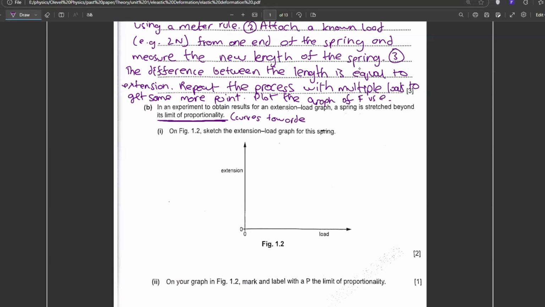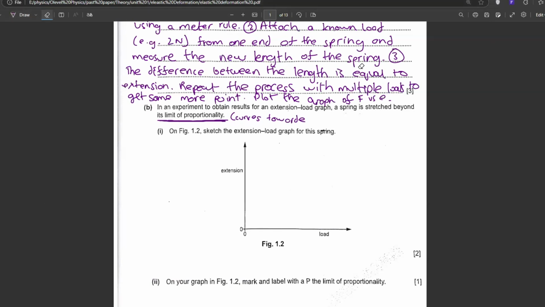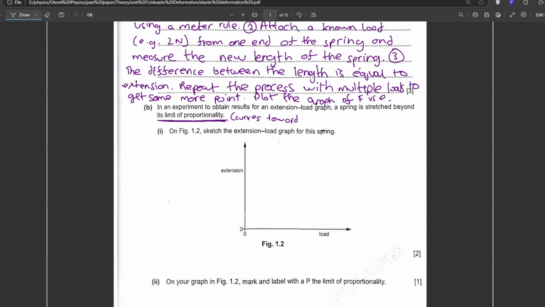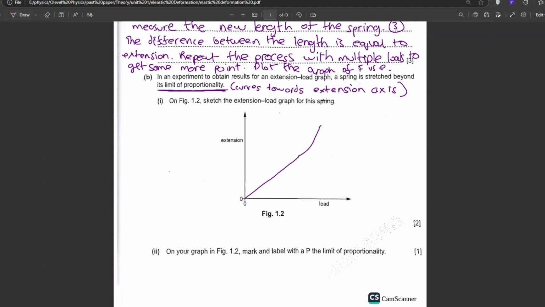Initially, you will have a straight line like this. Then you will start to curve towards the extension axis like this. Simple. Let's further move ahead.